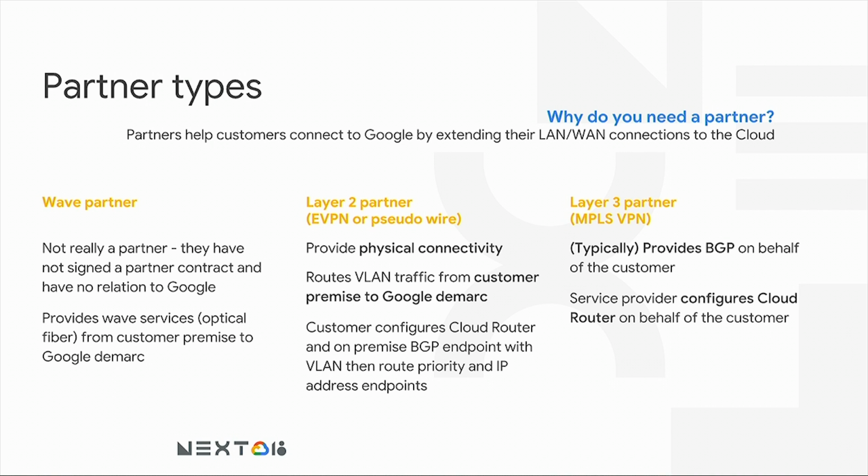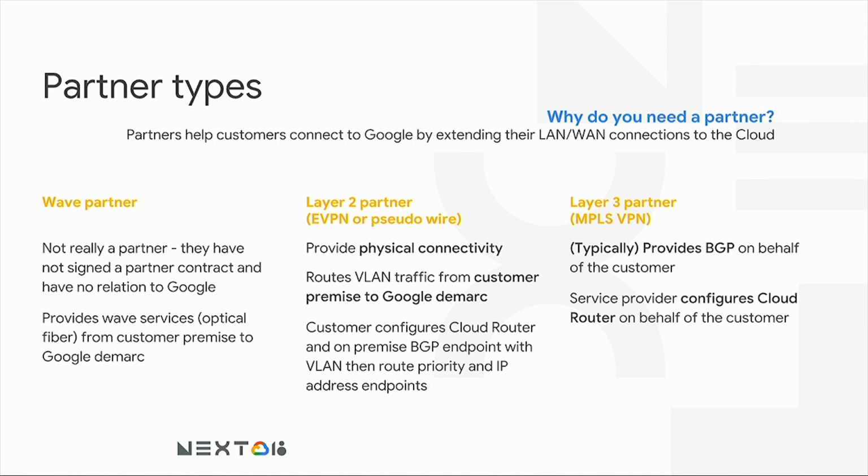So there are a number of customers that use that because they want the bandwidth and the connections that dedicated offers, but they can't meet us in one of our co-location facilities, so they use a wave service. The benefit of this is that you don't have to place equipment in the co-location facility.